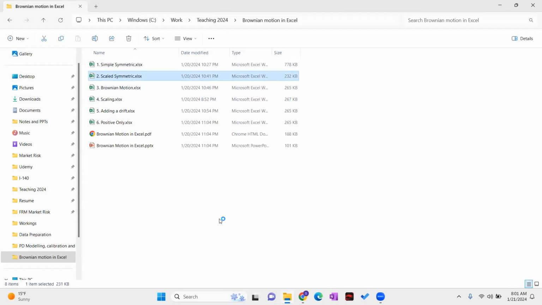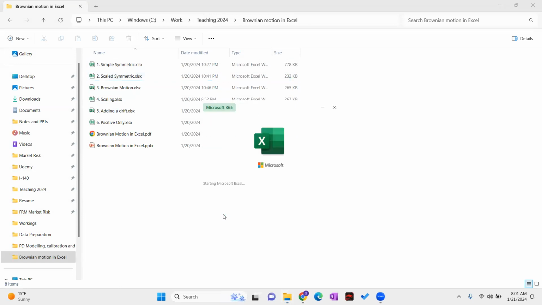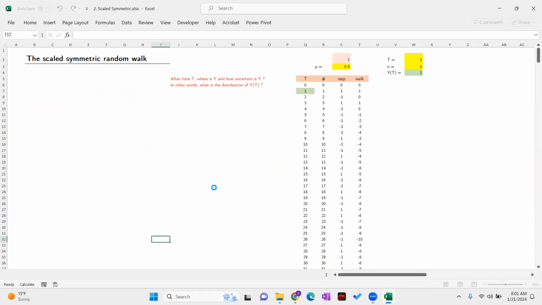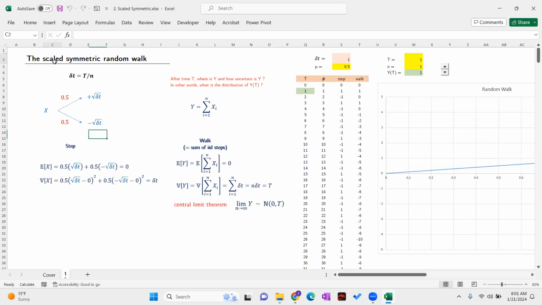The next process that we'll discuss is called scaled symmetric random walk. Now I have done a few tweaks, just a very few tweaks. So pay attention. First of all, as I said, we have to bring in the time dimension. So let's say that our question is this: after time capital T, where is Y?